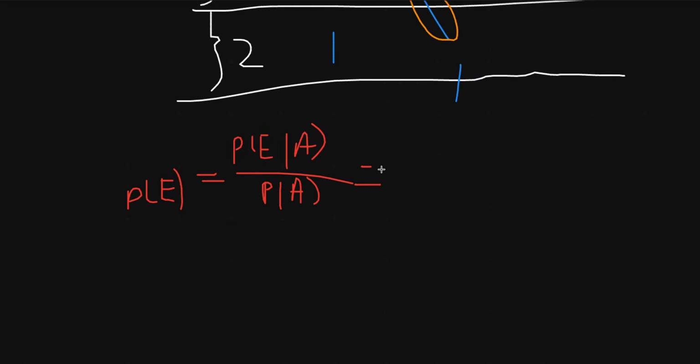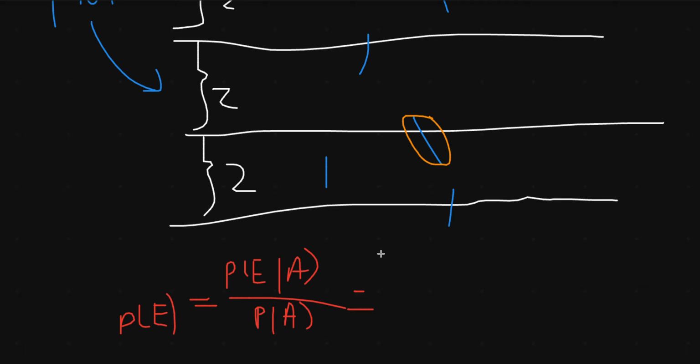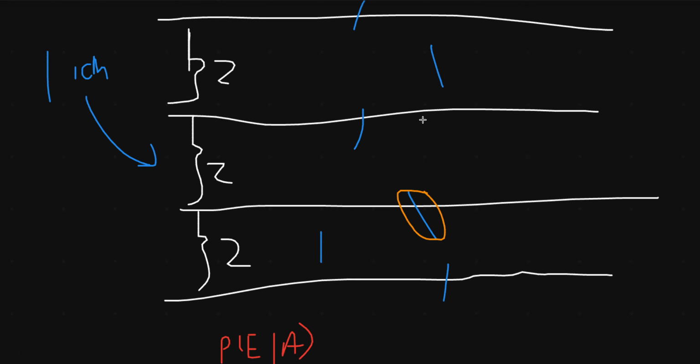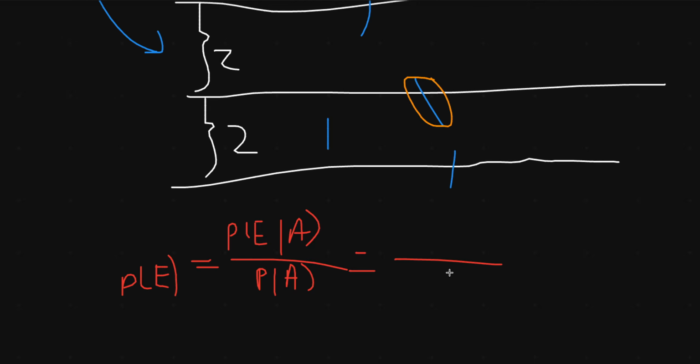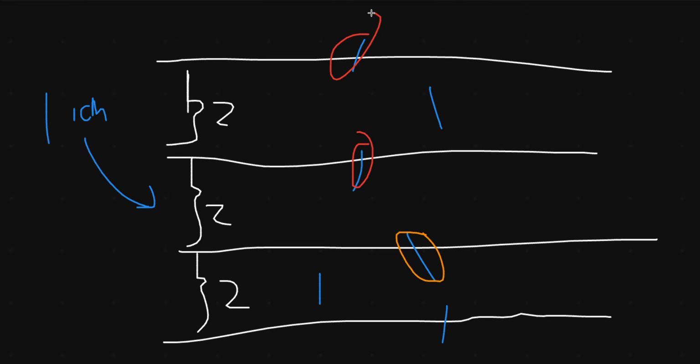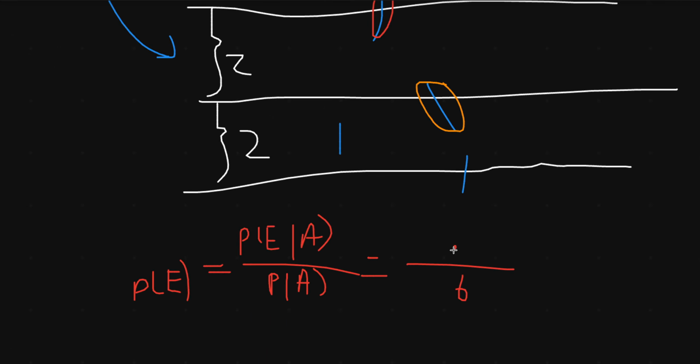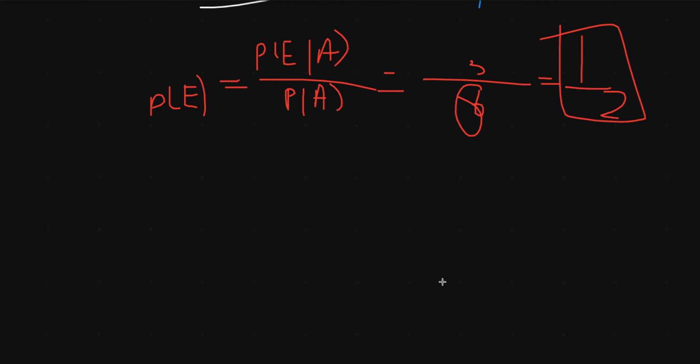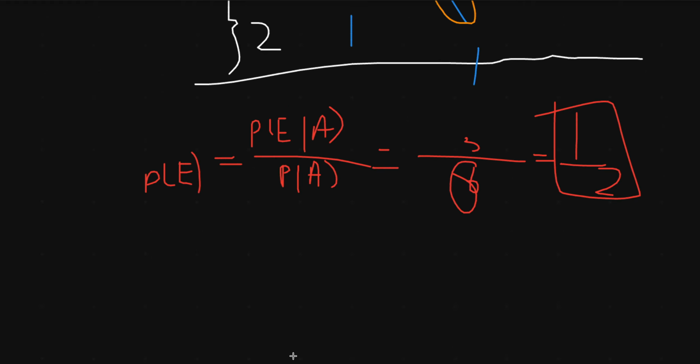So, given that we have 6 needles, and 3 of them intersect, we can say it's half the chance. Well, not exactly, because this is not an accurate result since the trial is very small. If we try it multiple times, we will get a very magical answer.